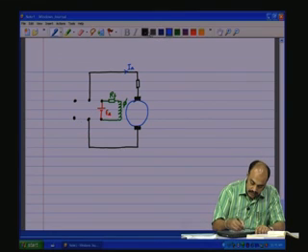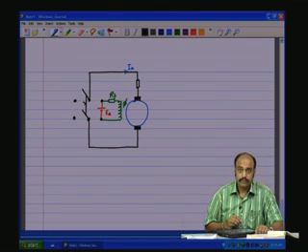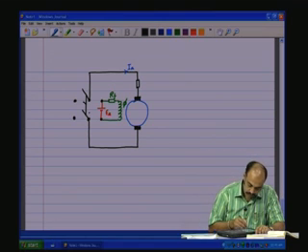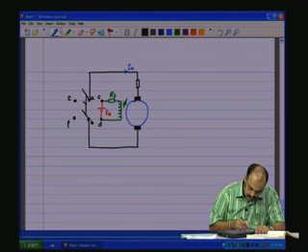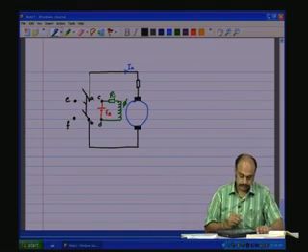Now, I am going to have a double pole, double throw switch. This is a double pole, double throw switch. Let us give some names. Let us say A, B, C, D, E, F. Okay.